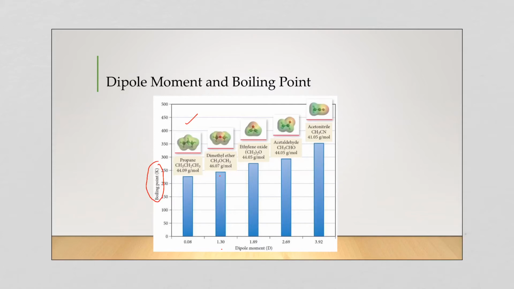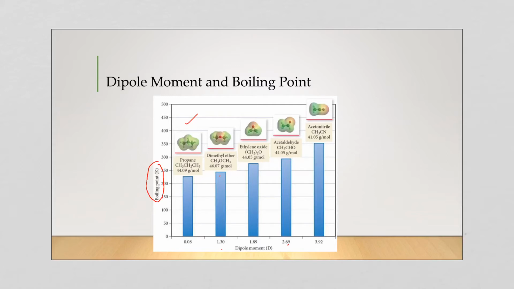So this is ethylene oxide. It's a bit more polar molecule. We see that the boiling point goes up even a little bit more. We go to another one, acetaldehyde, bigger dipole, more polar. Now we're starting to get boiling points up into where things start to become liquids at room temperature.